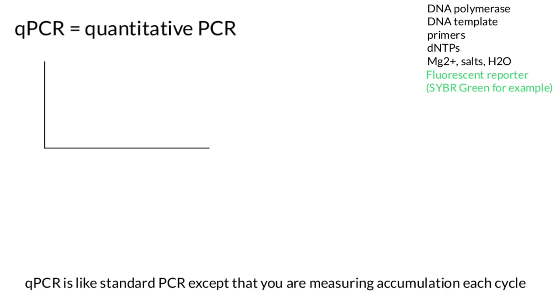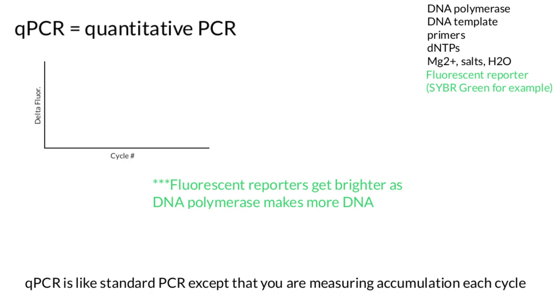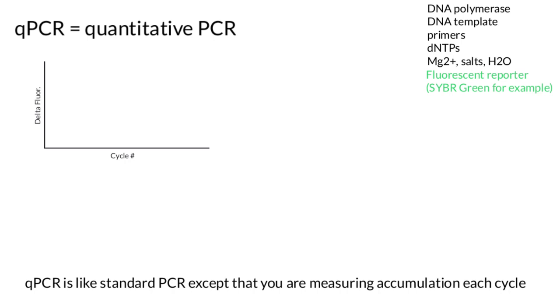The x-axis represents time, oftentimes measured in cycle number. The y-axis measures the change in fluorescence over time. So the relative fluorescence of the fluorescent reporter is telling us essentially how much of my PCR product is accumulating.